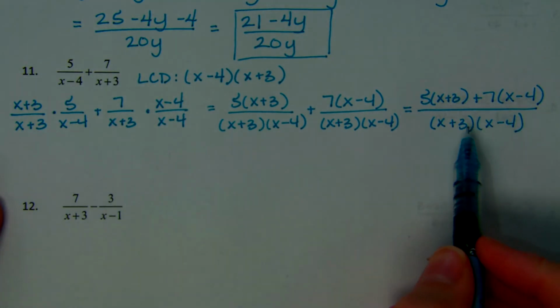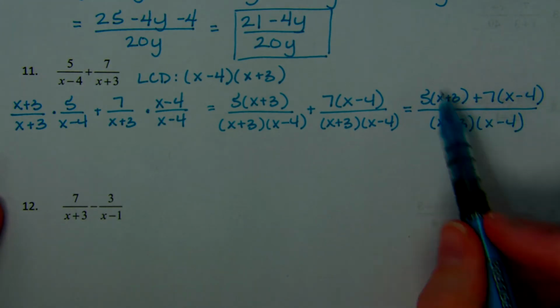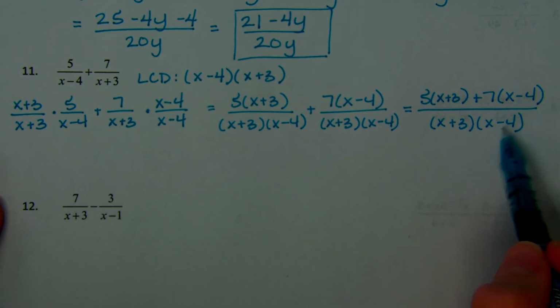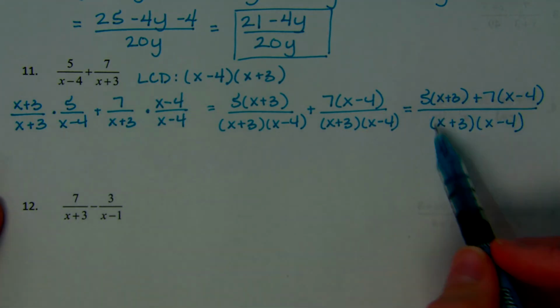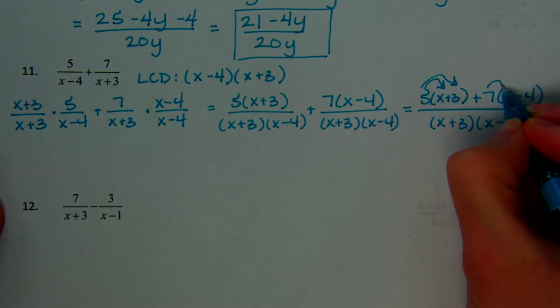Okay. Resist the urge to simplify. You can't cancel any of this stuff out. This x plus 3 is here and here, but it's not there, and the x minus 4 is here and here, but it's not there. You can't cancel at this point. Let's go ahead and multiply out. So distribute the 5 and distribute the 7.